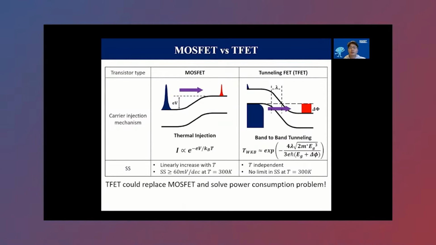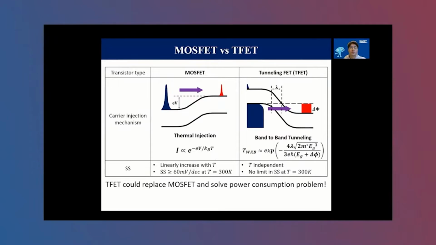Tunneling FET has a carrier injection mechanism different from conventional MOSFETs. Conventional MOSFET operates by thermal injection. As you change the gate voltage, the potential barrier moves up and down, and thermal carriers over the barrier contribute to the current transport.